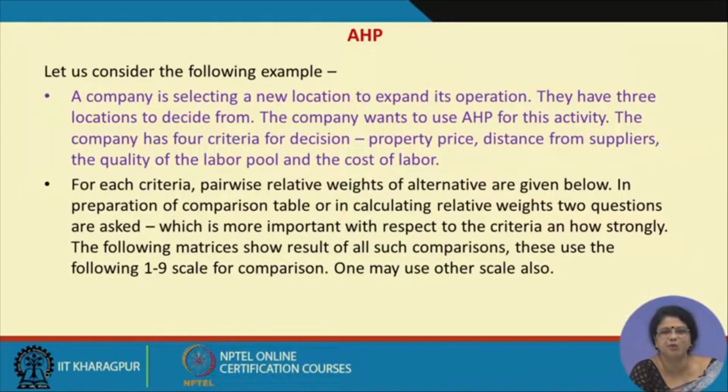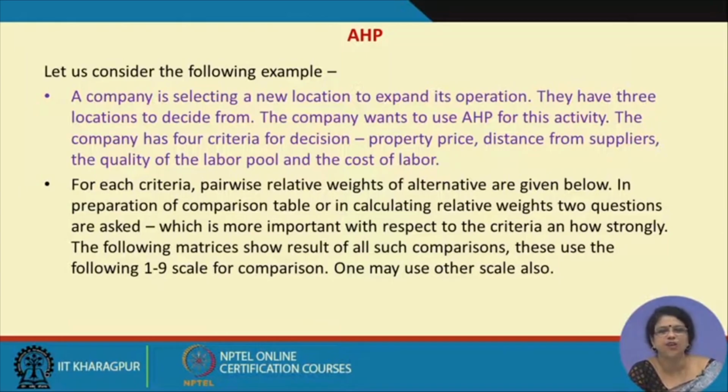If 1 is there, that means poor service, 5 is excellent service, 4 is very good service, 3 is good service, and 2 is satisfactory. You must have come across this kind of scale when giving feedback. It could be from 1 to 5, 1 to 9, 1 to 10, 1 to 20. That depends on how the organizers are providing you the information, how they are asking for feedback from you.